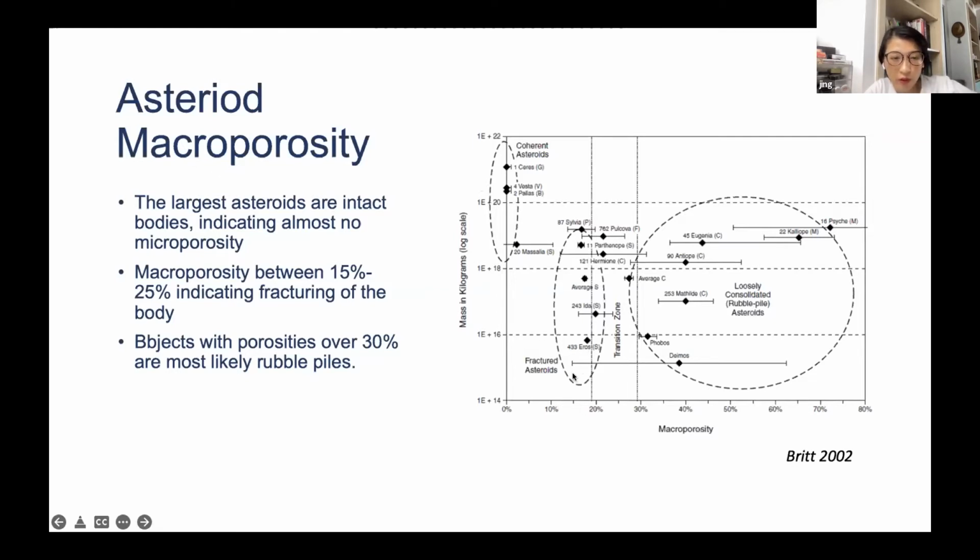Then we have 15% to 25% macroporosity in these smaller bodies, indicating that some fracturing exists. Then we have these objects with porosity over 30%. They are almost rubble piles. Bennu, Itokawa, and Ryugu all belong to this part.